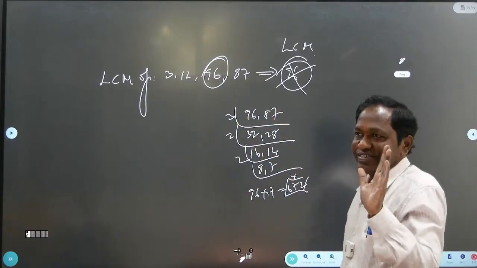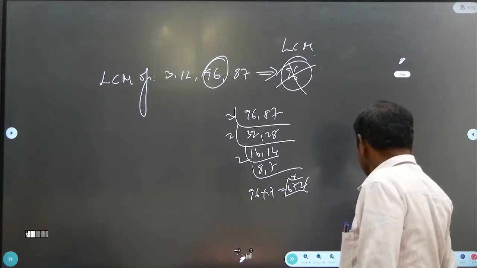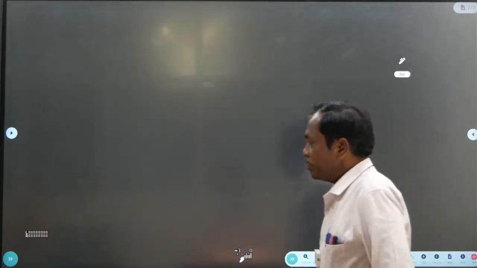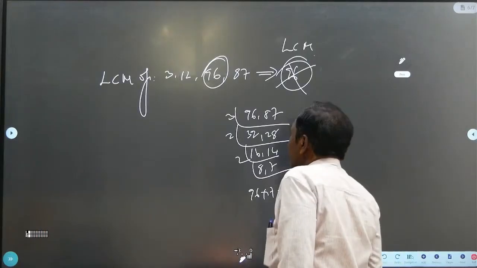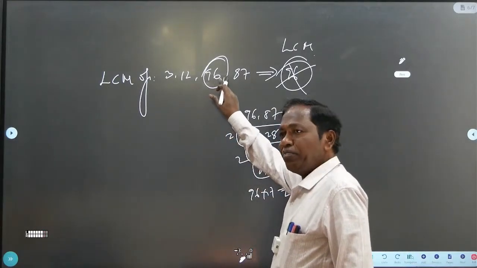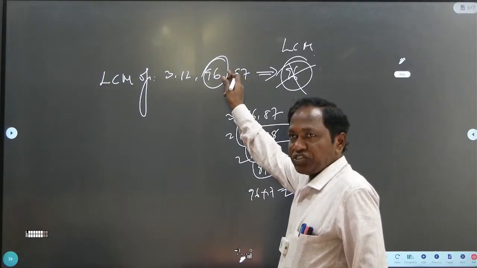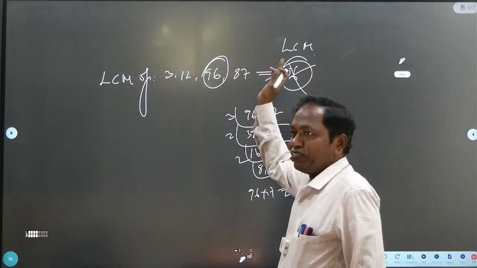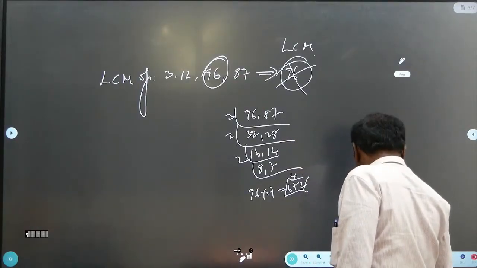Now you can see here, what is the largest number? 96 or multiples of 96. That is the thing.